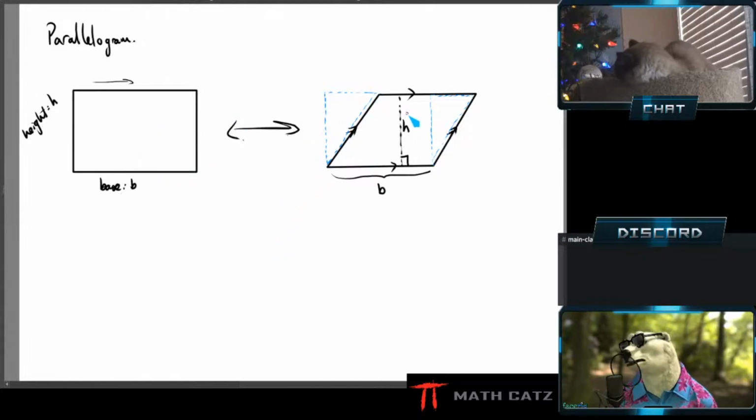So that's why we don't call it a side length for the parallelogram. It's the height. It's the distance between the base and its corresponding opposite side, which is parallel.